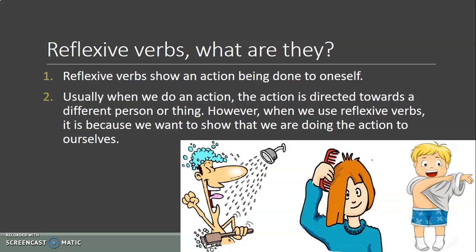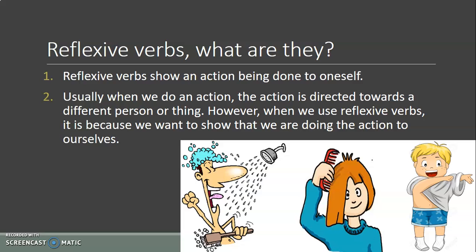So I eat chicken. In Spanish, that would be yo como pollo. Or we could even use another example. We could say, I sing a song. Yo canto una canción.